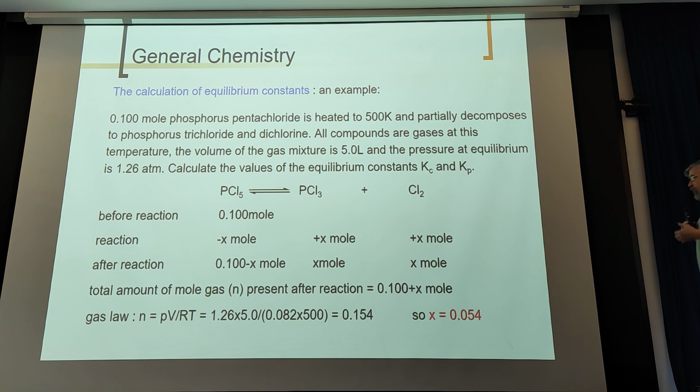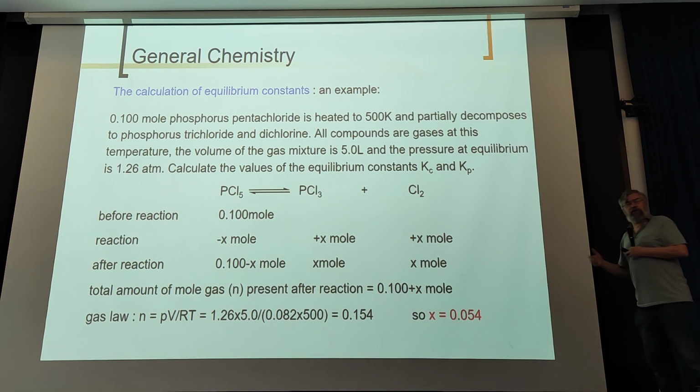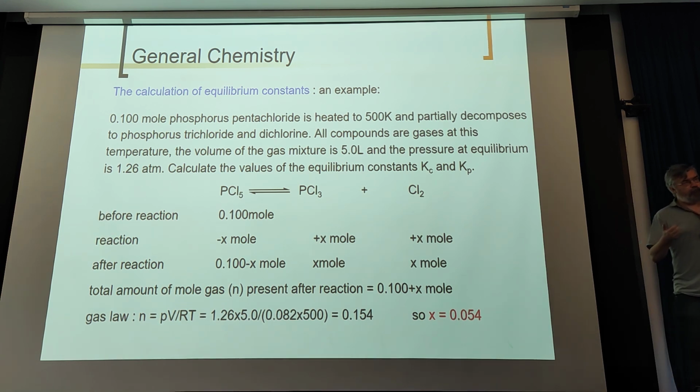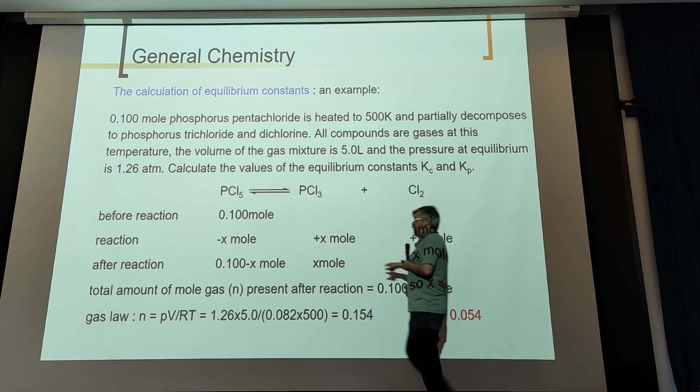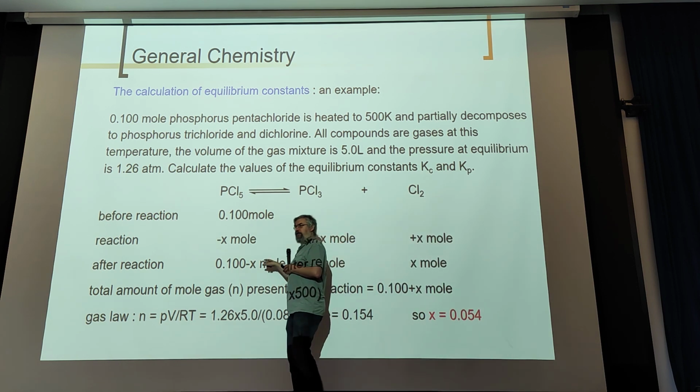That means X is 54 millimole. That's the amount of chlorine and the amount of PCl3 that is formed. So we know already a lot more now. We can fill it in: 54, 54, 46.